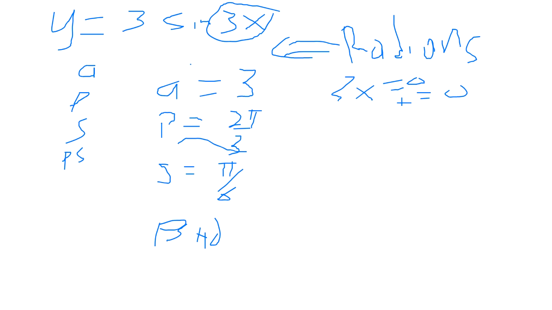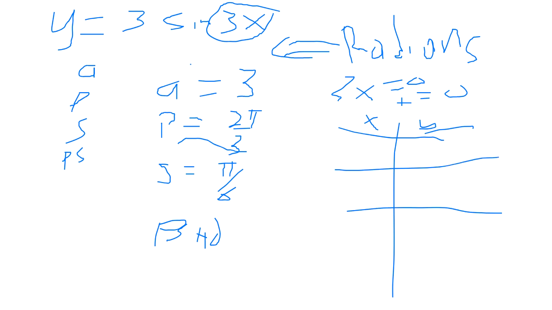Let us make a table here. So we have a table of x and y. I will show you how powerful the step is. I know I'm having a first point, which is 0. Now, my step is pi over 6. So my next interval will be pi over 6.